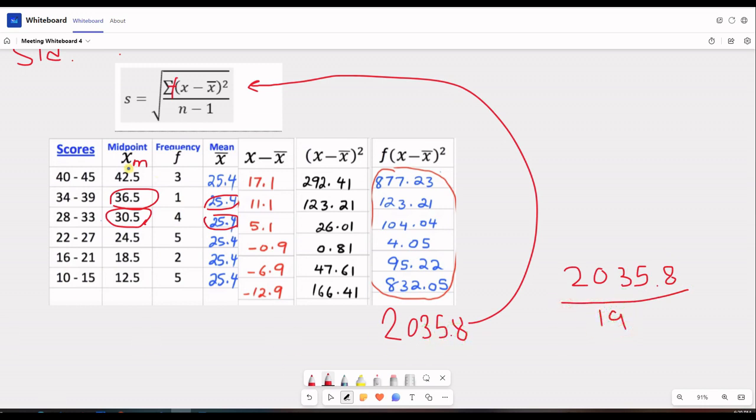And if you calculate it, the answer would be, let me write it here, 107.15. Okay, this will be your variance.